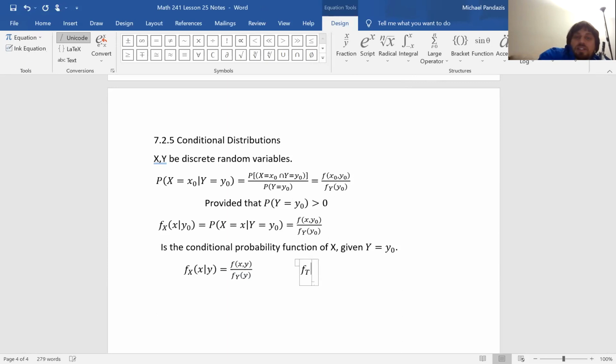Then f sub y of y given x is equal to f of x comma y over f sub x of x.